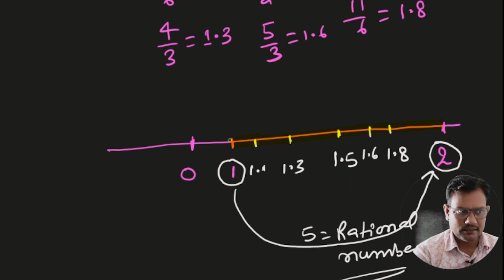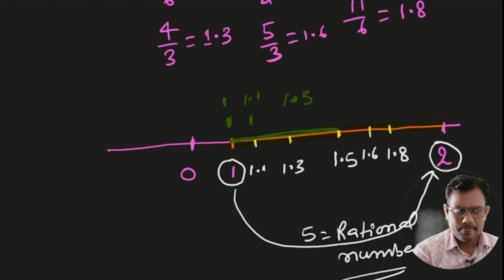See here, from 1 to 1.5 we have 1.1 here, and after that we have 1.3.